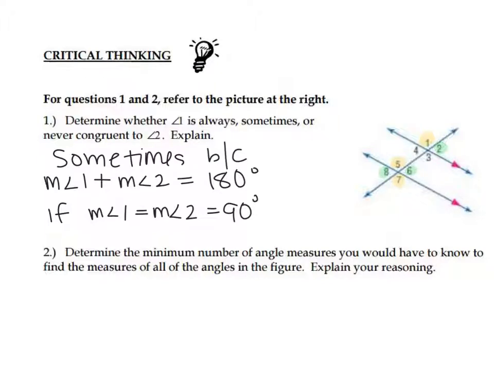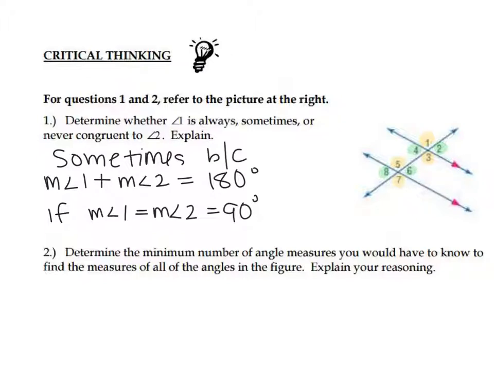That just leaves us angle 3 and 4. Well, angle 3 is alternate interior with angle 5, which means they are congruent, which also means it's congruent to angles 1 and 7, and then angle 4 is alternate interior with angle 6, which means they're congruent, and it's also congruent to angles 2 and 8.